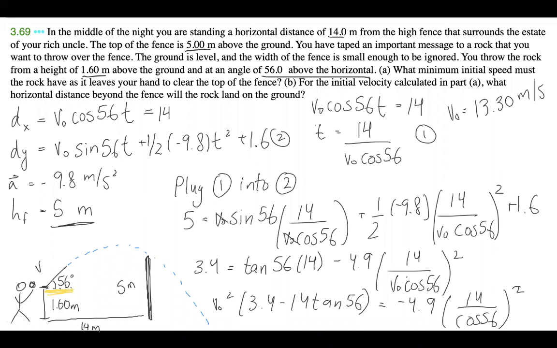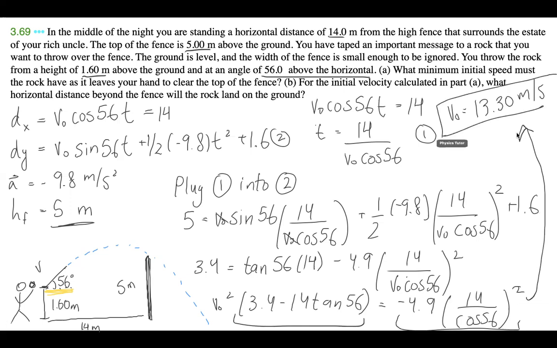But what I can tell you is that this term should be about 3071, a little more than that, some decimal point above that. And this term over here should be negative 3071 point something. And then this should be negative 17.35 point something. And when you divide these by each other and then you square root, you get 13.30. So that's our solution for part A.